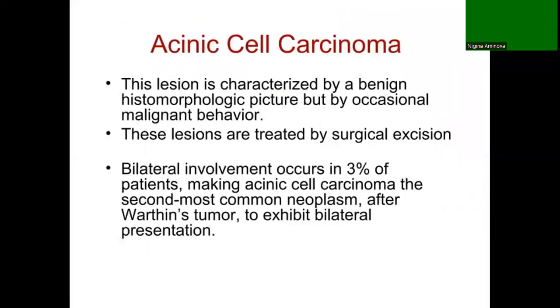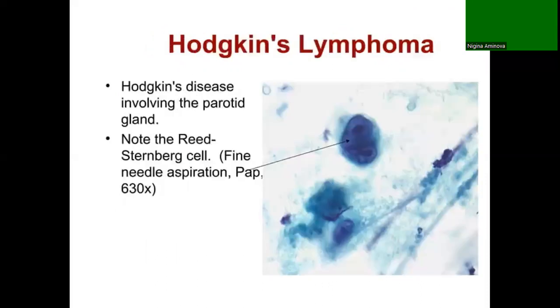This lesion is characterized by a benign histomorphologic picture, but by occasional malignant behavior. These lesions are treated by surgical excision. Bilateral involvement occurs in 30% of patients, making acinic cell carcinoma the second most common neoplasm after Warthin's tumor to exhibit bilateral presentation.